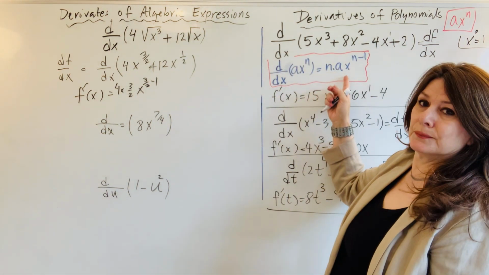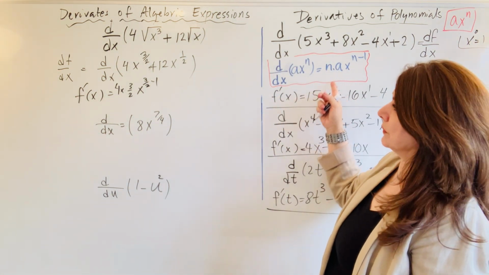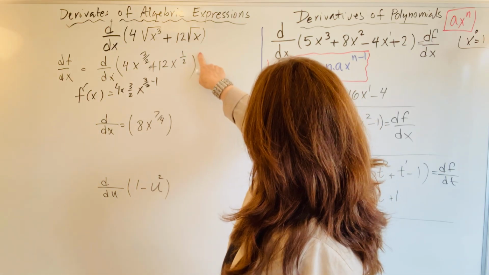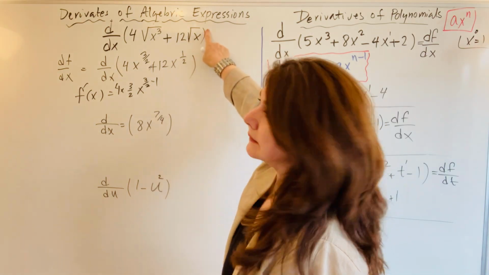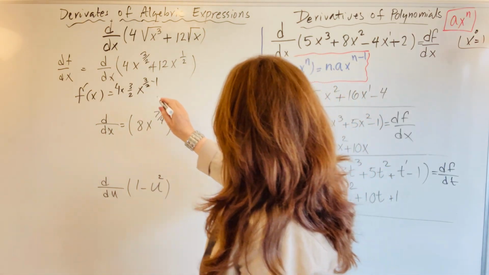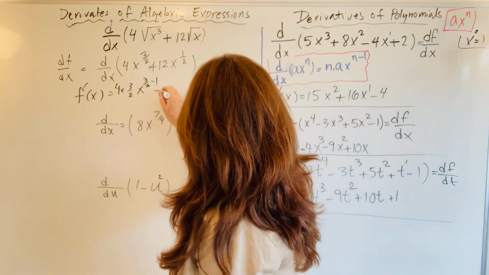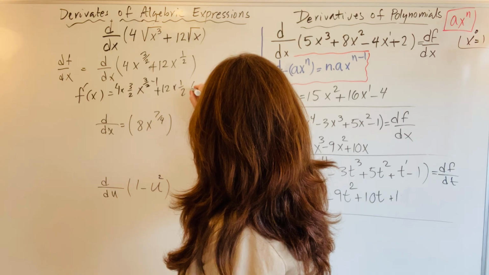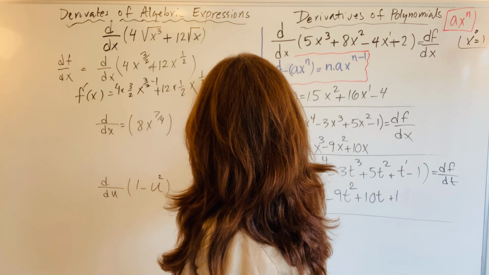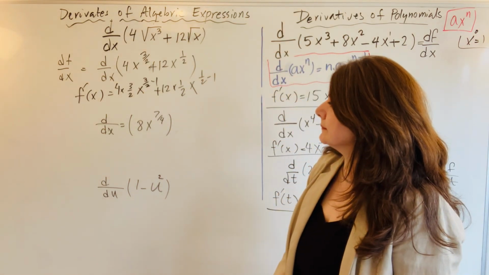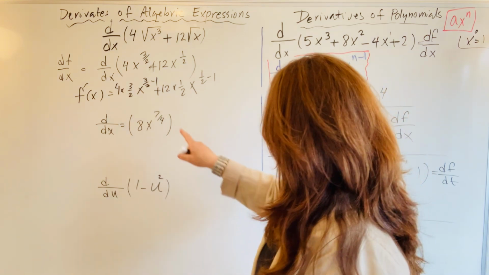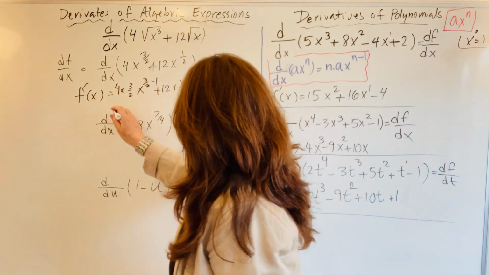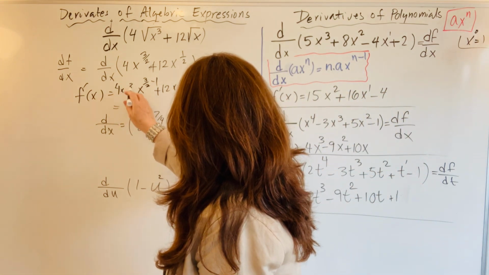The same rules. Here we have 1. And this one is 2 plus 12 times half times x to the half minus 1. Good? Okay.